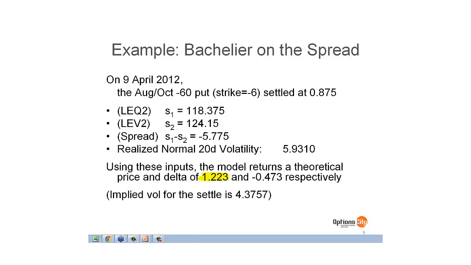Okay? The implied vol, if I were to actually try and get that 0.875 price, is actually going to be considerably less than the almost 6 normal volatility that we used in the model. So that's an example.